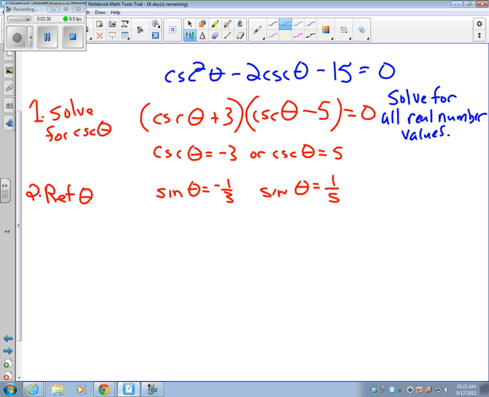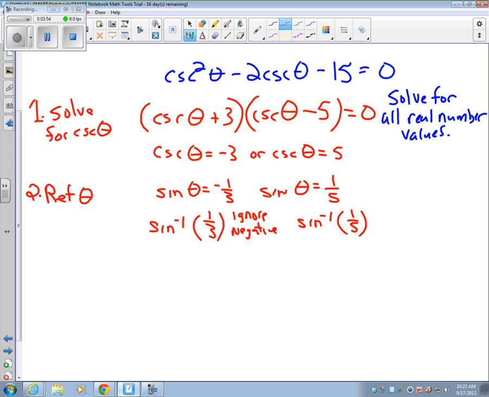Agreed? And now we're going to go inverse sine of 1/3. Notice we ignore the negative. And we're going to do the inverse sine of 1/5, with your calculator on radians, right?